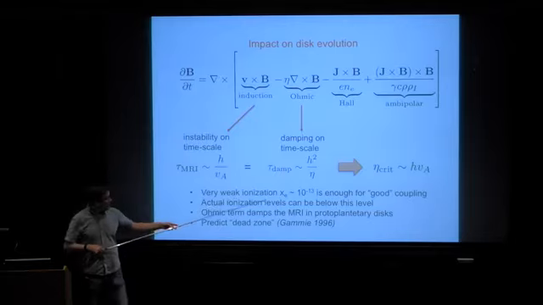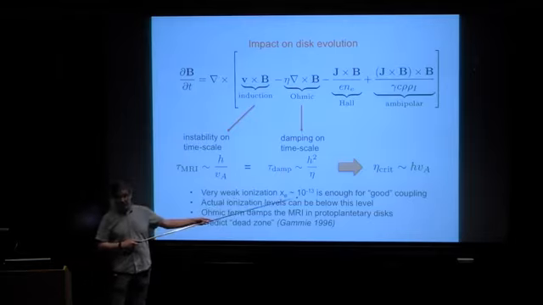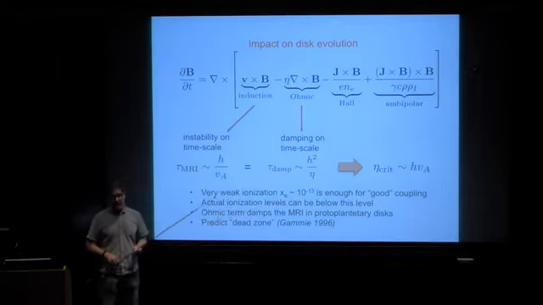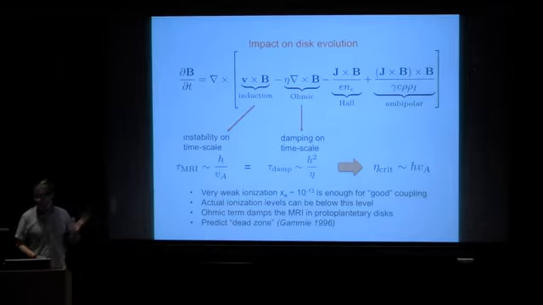The striking thing is that the critical number is very low, something like 10 to the minus 13. It will vary depending on where you are in the disk and so forth, but it's a very, very small ionization degree.